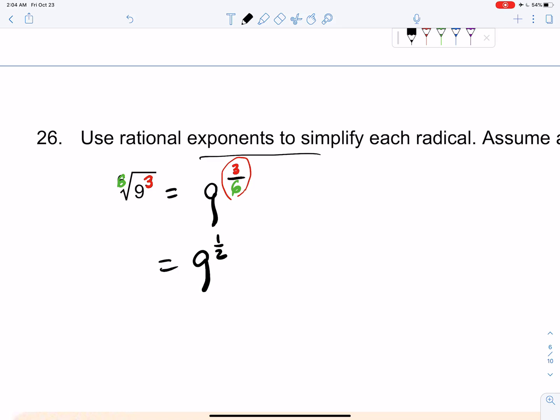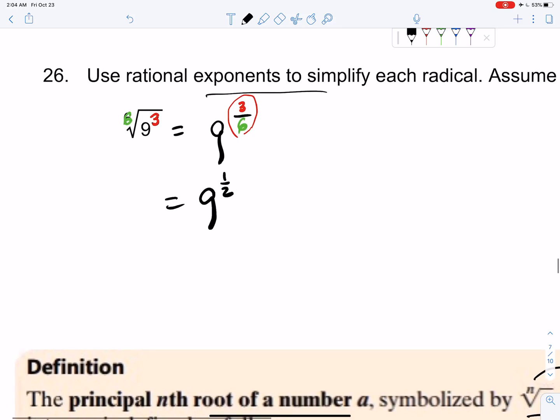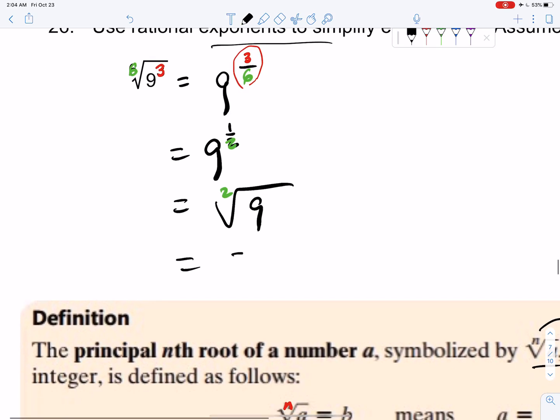Now it might be a little more obvious. Well, wait a minute. Why don't I just go back to my radical form where the index is 2? And that problem looks very familiar. What's the square root of 9? Well, that's just 3.